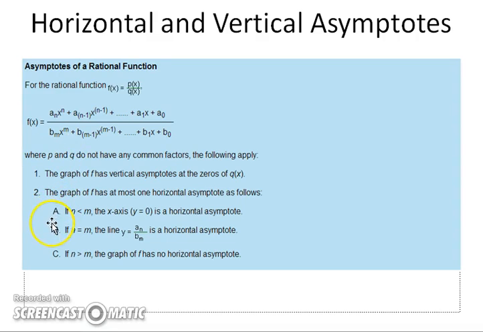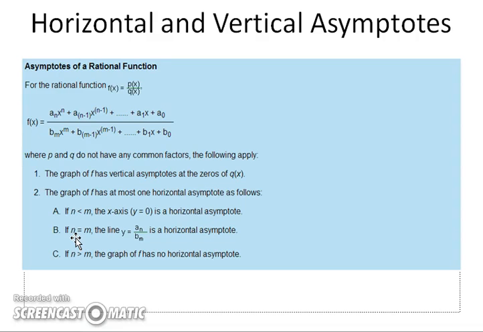Here's the rule for that. If n is less than m, then the x-axis is a horizontal asymptote, or the line y equals 0. That was what happened with the previous example. The x-axis was the horizontal asymptote because the numerator had a degree of 0 and the denominator had a degree of 1.